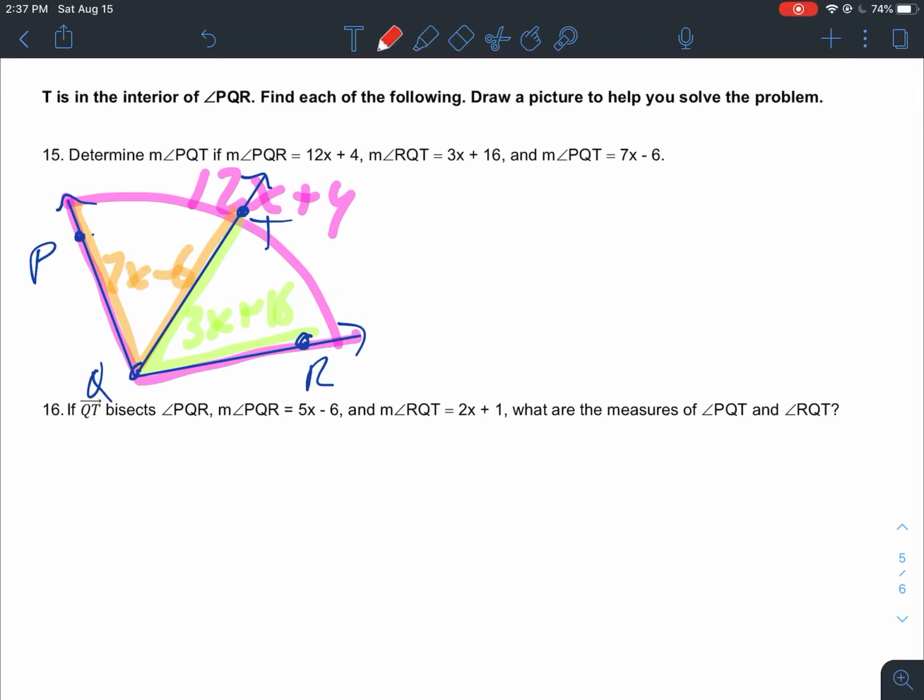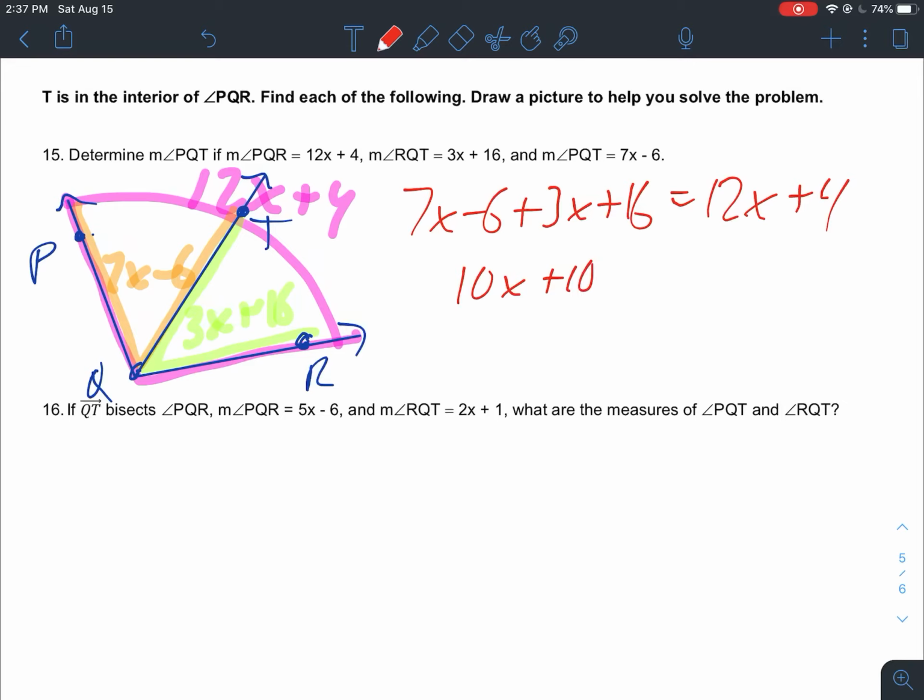So using what we learned recently here, we know that little angle plus little angle equals big angle. 7x minus 6, little angle, plus 3x plus 16, little angle, equals 12x plus 4, big angle. Now it's an Algebra 1 problem. Combine like terms. Subtract 10x.